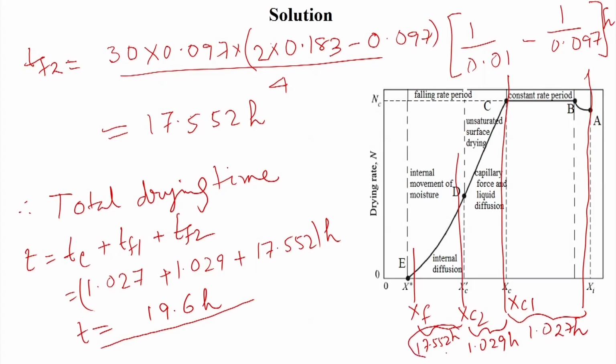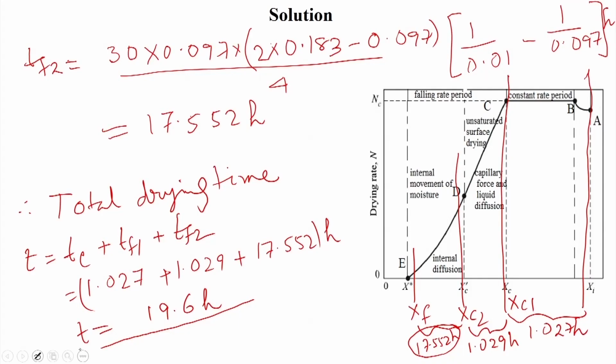So, at the end the drying rate actually becomes very slow, and due to the less driving force, it takes more time. Whereas the total time is 19.6 hours.